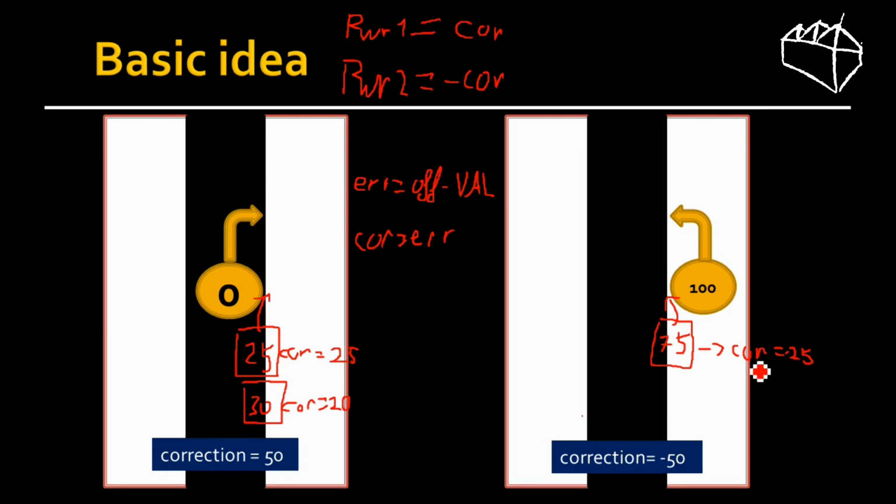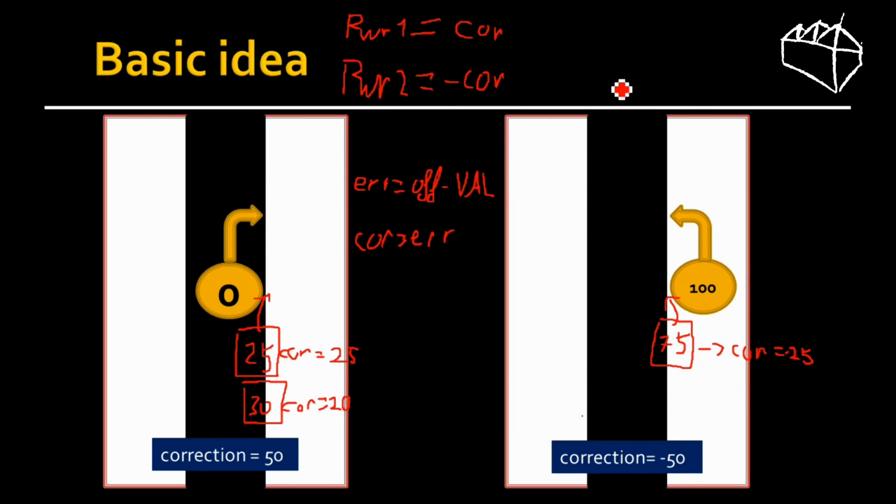So let's say the correction value is minus 25, so the first motor will turn with the speed of minus 25, so it will go backwards, and the second will go forward, so it will turn to the left. That's actually what we wanted to do.